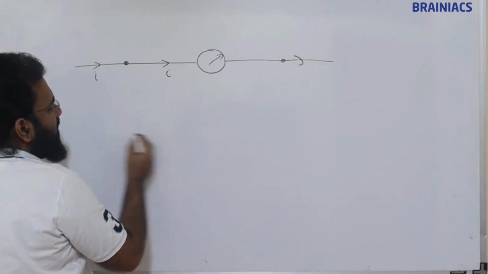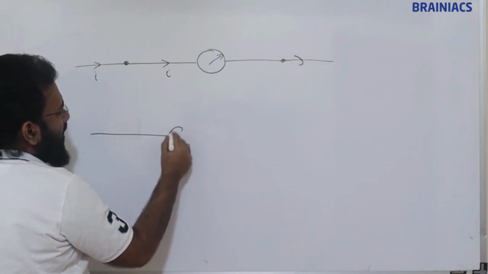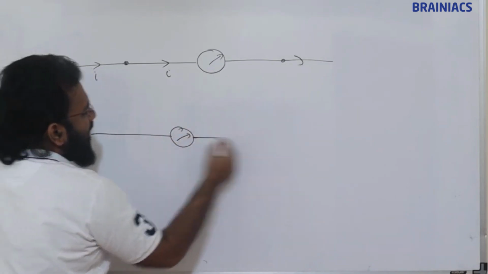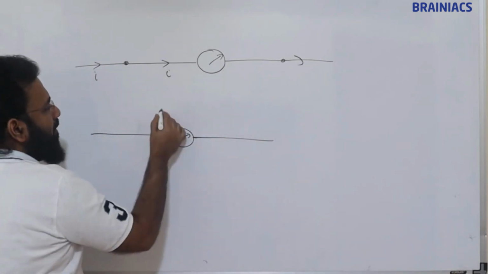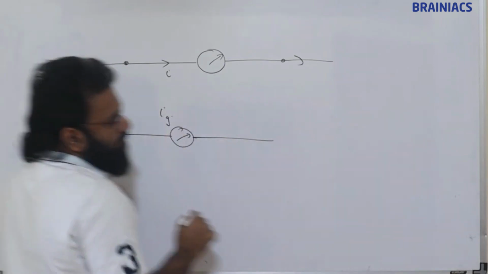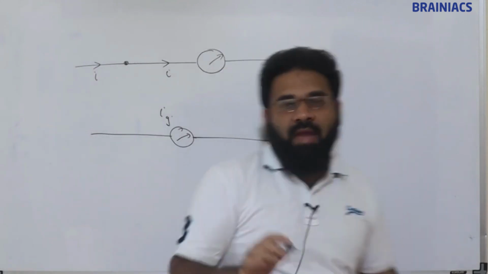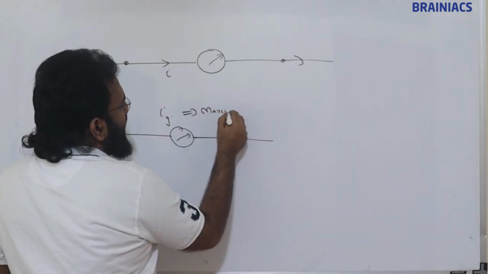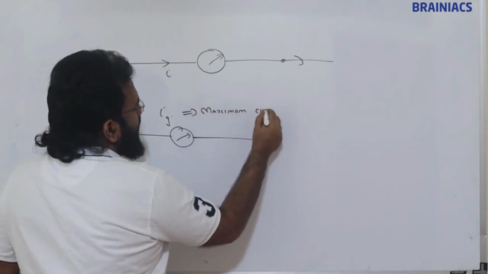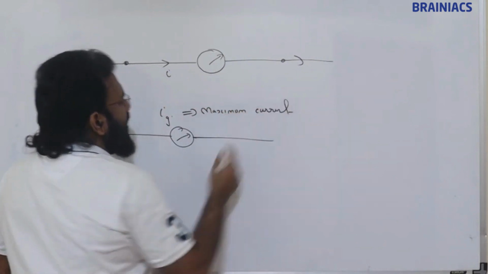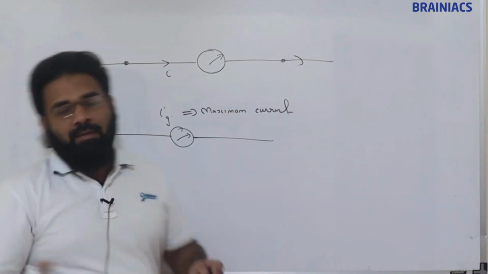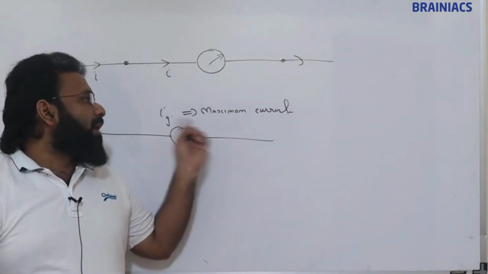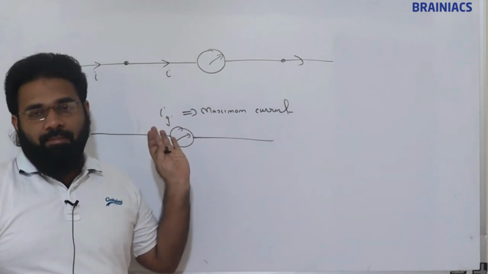There is an amount of current at which it shows maximum deflection, which is called the galvanometer current, the maximum current the galvanometer can handle. If we pass a current beyond this, it will get damaged.